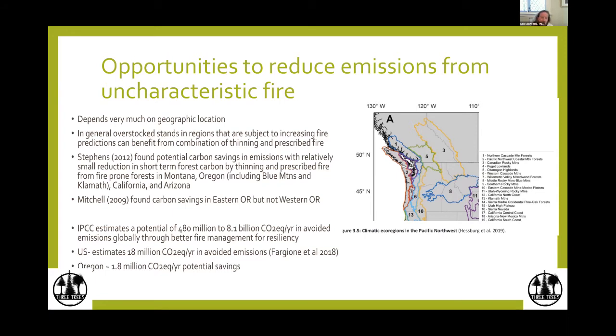But there's a lot of potential savings that can be had by thinning and prescribed fire to increase resilience to fire. And 1.8 million tons of CO2 is a potential savings that's been estimated for the state of Oregon.